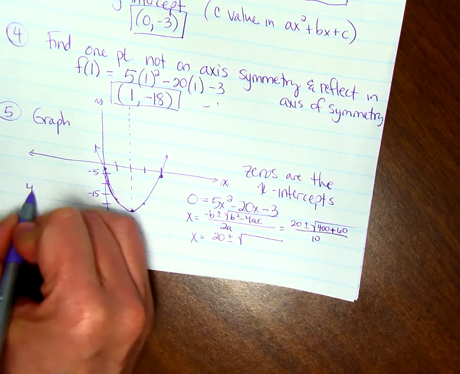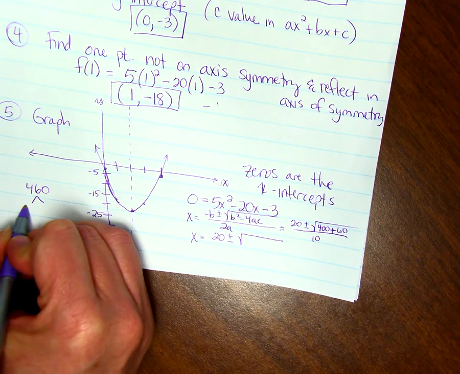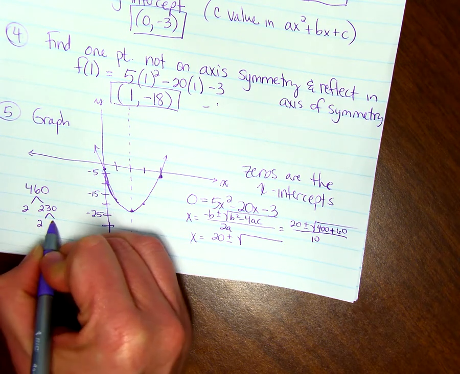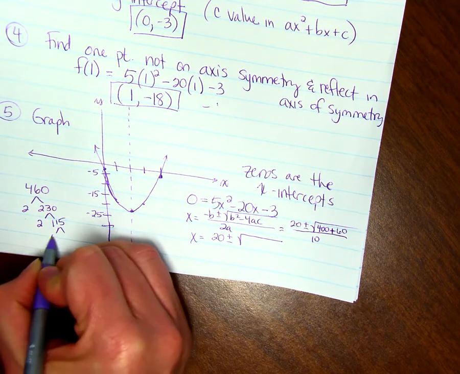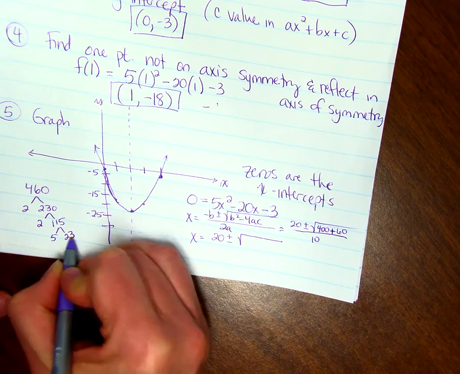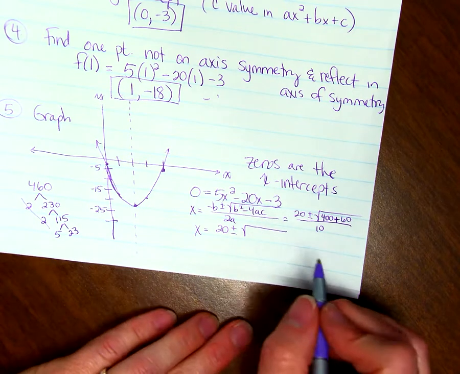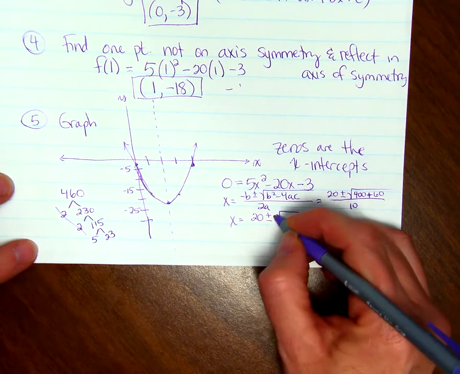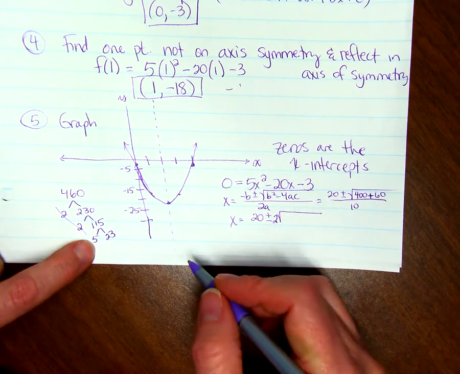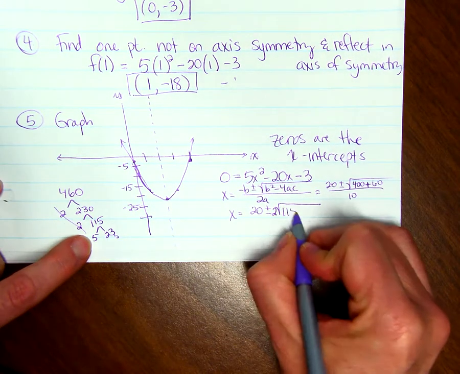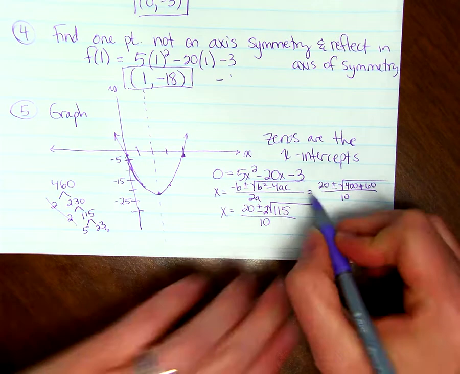We have 2 times 230, 2 times 115, 5 times 23. We can bring out this pair of 2s, so we put the 2 on the outside, and then we have 5 times 23, which is 115, all over 10.